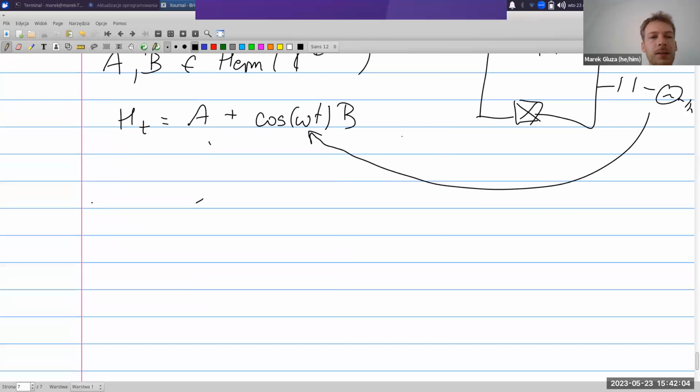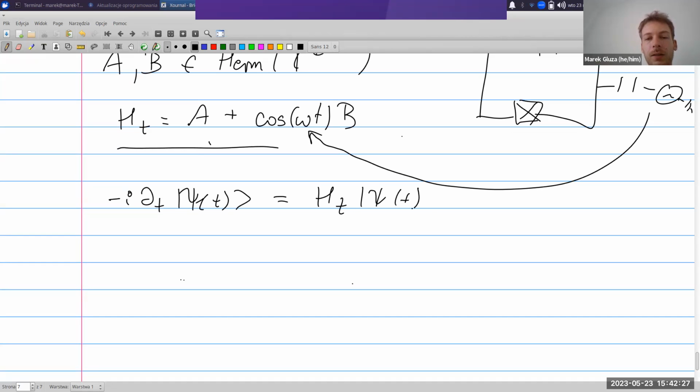But today we are considering just a mathematical problem. For example, if I'm considering the Schrödinger equation, with the minus i d/dt notation here, and I have some wave function or some solution to the Schrödinger equation with this time-dependent generator H(t).